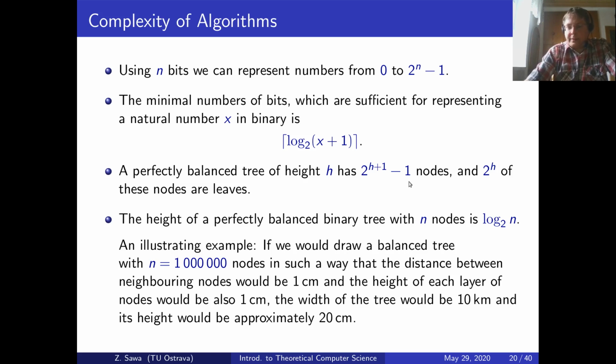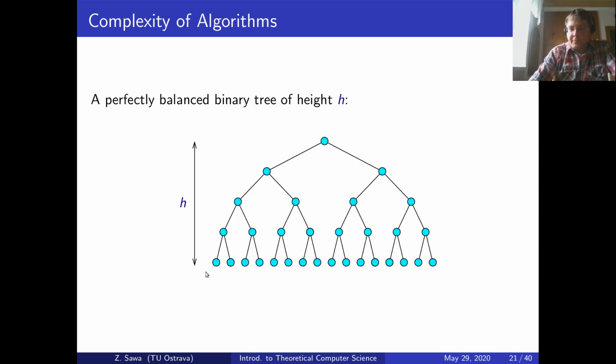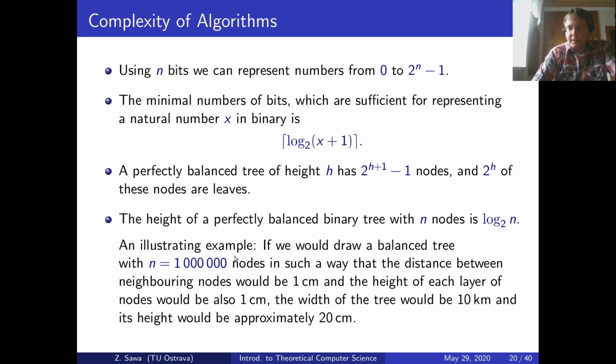So in fact, approximately one half of all nodes of the tree are the leaves in this balanced tree, so this is the total number of nodes, and this is the number of leaves.